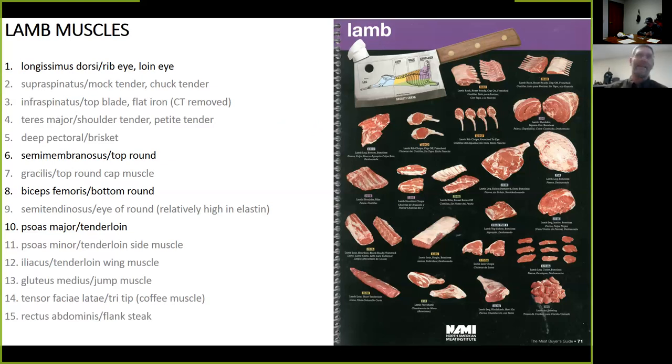Okay. Now let's look at a 1232A. You see that one? What do we have there? Lamb loin chops with bones. Yep. If you had a 1232C, that would be boneless loin chops.